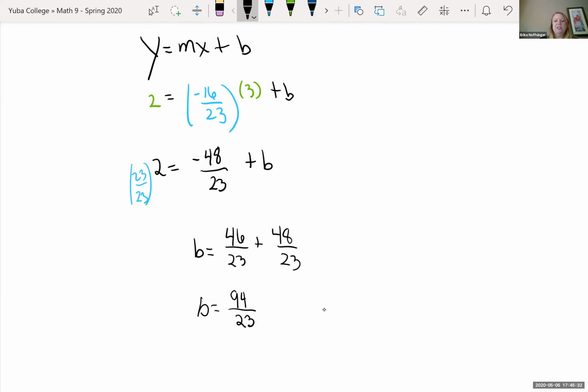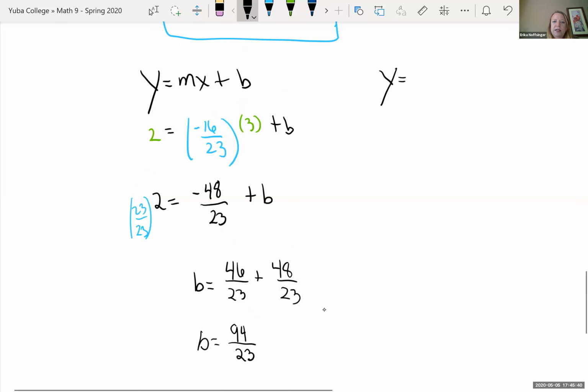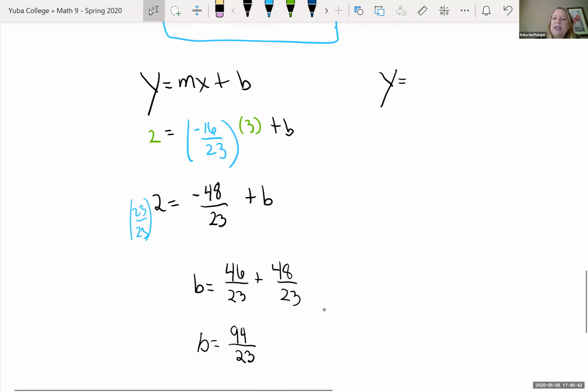So our equation of the tangent line at that point is y is equal to m, which we said was negative 16 over 23, times x plus b, and b was 94 over 23.